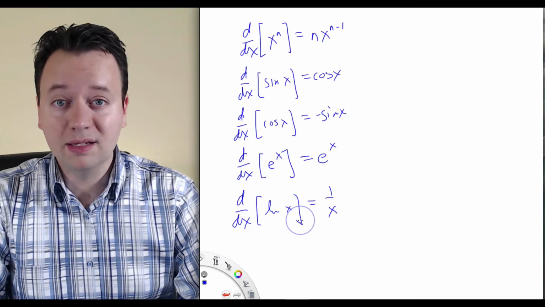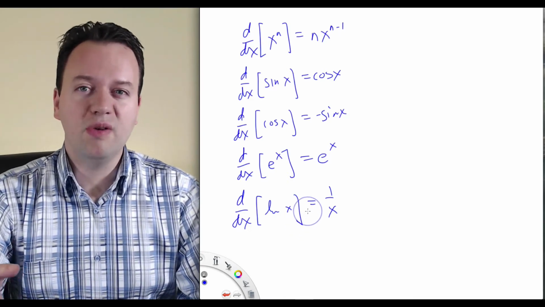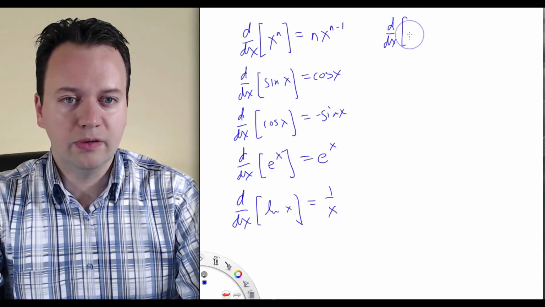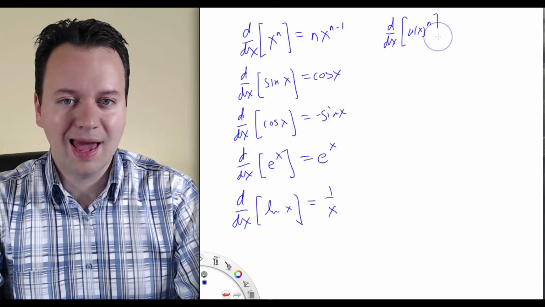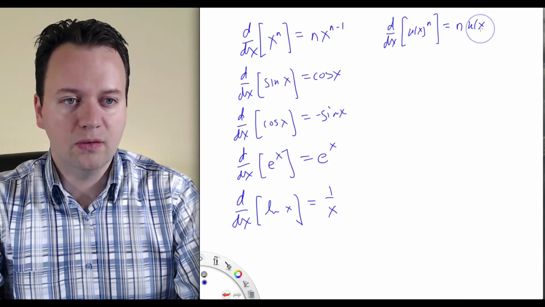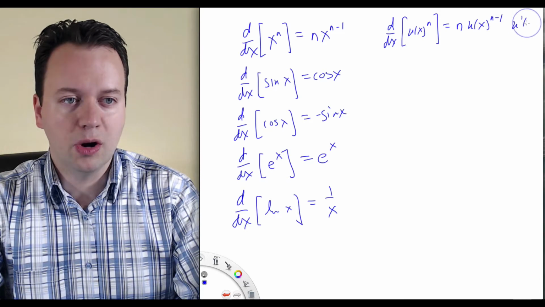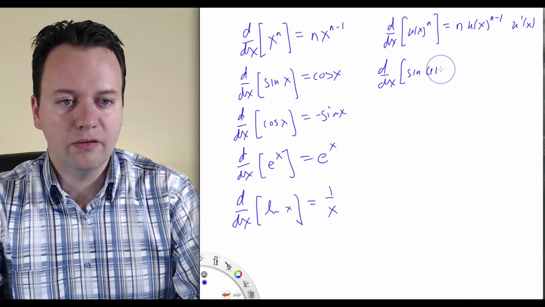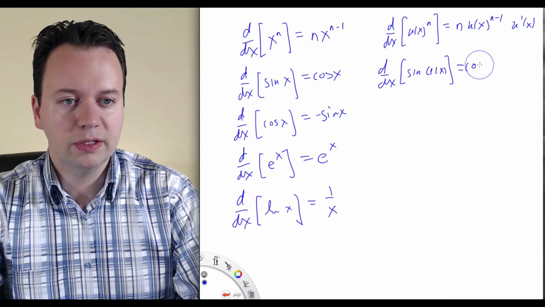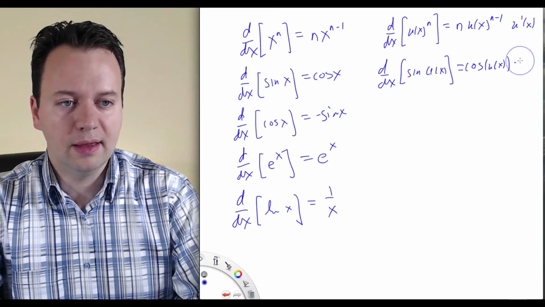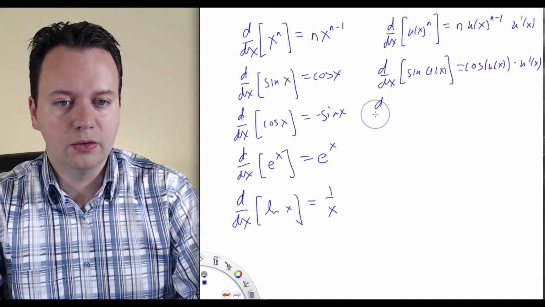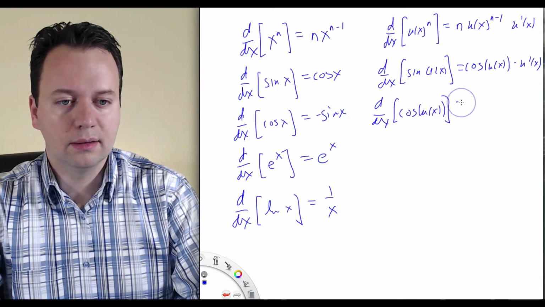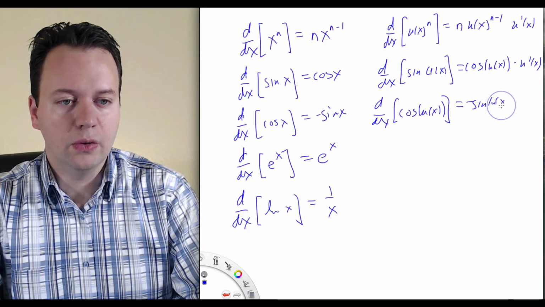Now the 5 basic derivative rules with the chain rule built in were as follows. The derivative of u of x to the n is equal to n times u of x to the n minus 1 times u prime of x. The derivative of sine of u of x was cosine of u of x, and then times u prime of x. The derivative of cosine of u of x was minus sine of u of x, times u prime of x.